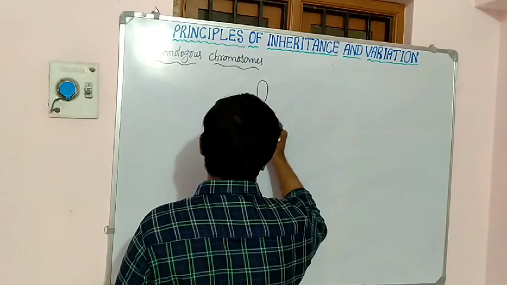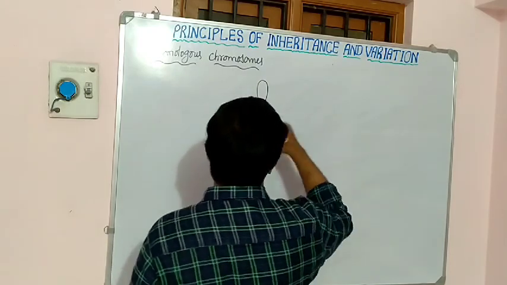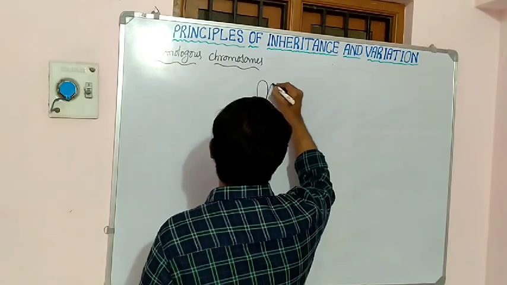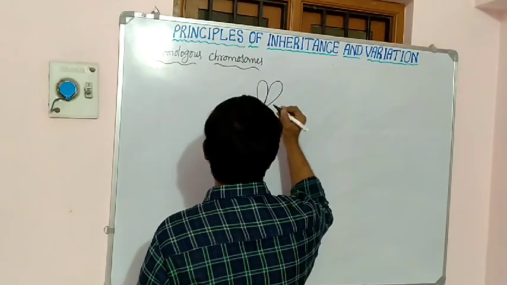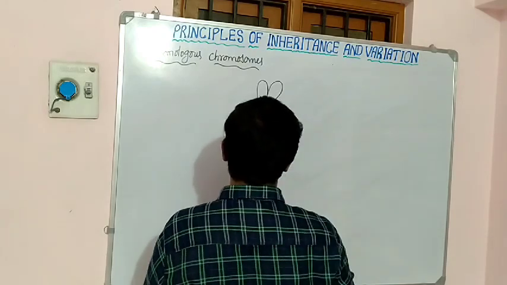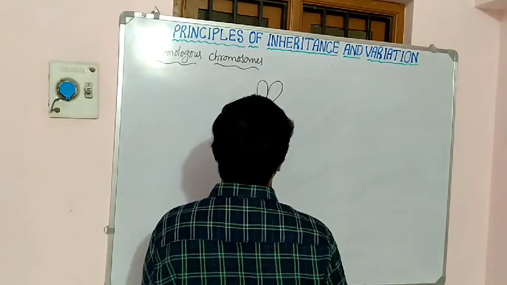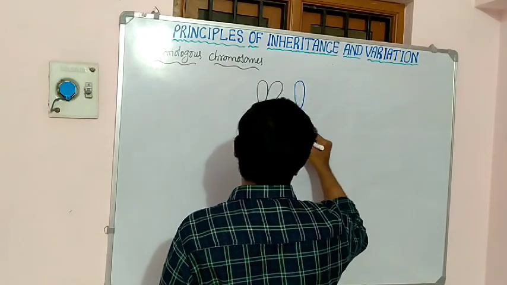For suppose this is one chromosome. During the cell division time it looks like this, remember. And this is another chromosome.